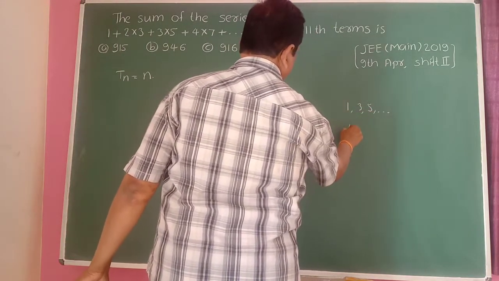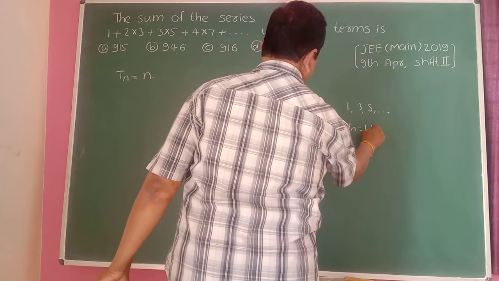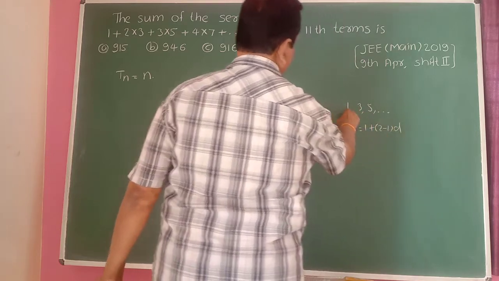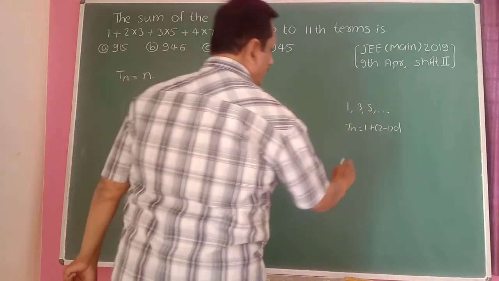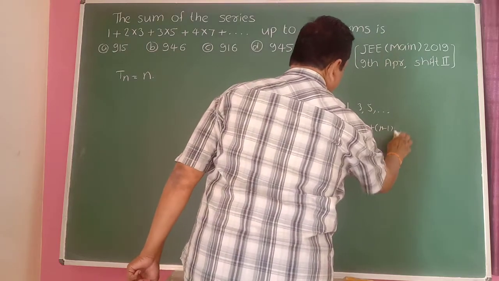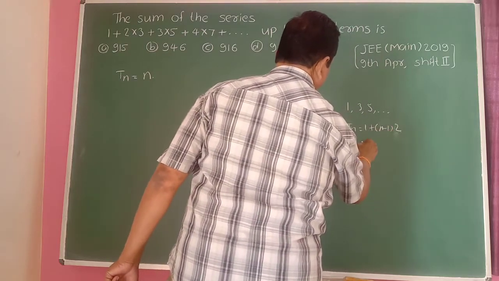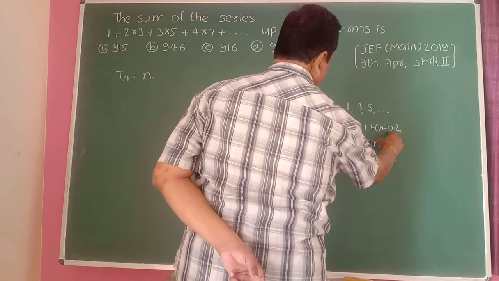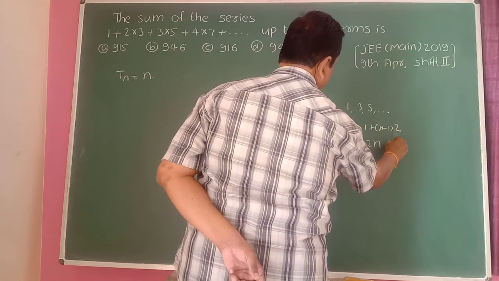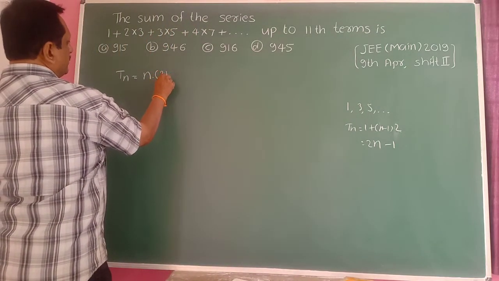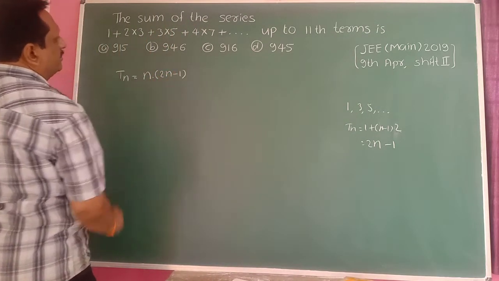Therefore Tn is equal to n into 1 plus n minus 1 into the common difference 2. This is n into 2n minus 2 plus 1, that is 2n minus 1. This is the nth term.